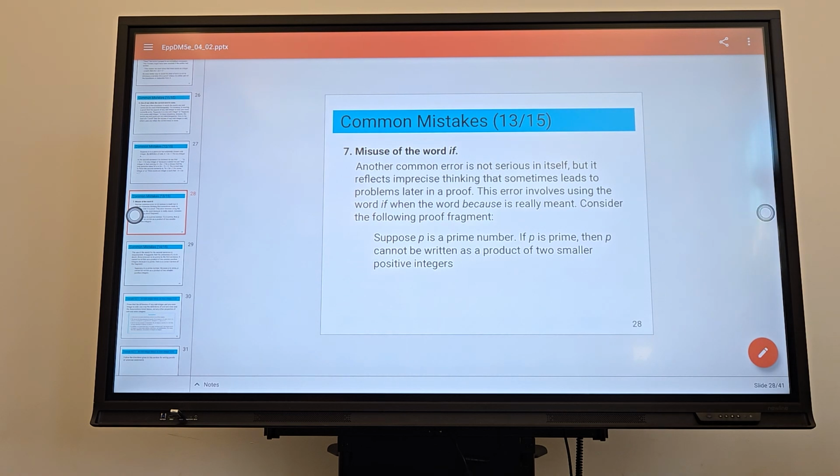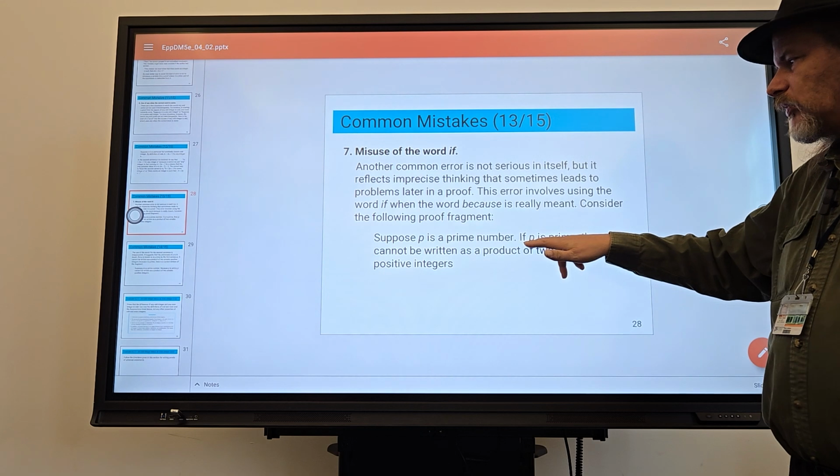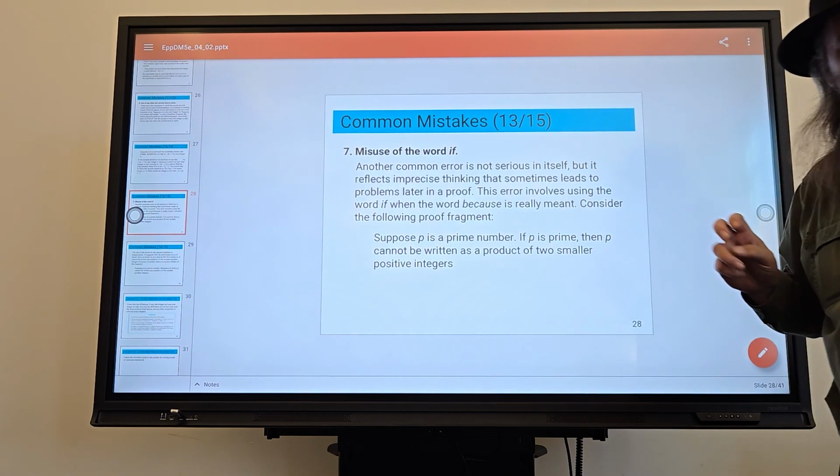Misuse of the word "if." Another common error, but not serious in itself, though it reflects imprecise thinking and sometimes leads to problems later in a proof. Suppose p is a prime number. If p is prime, then p cannot be written as a product of two smaller positive integers. Well, we stated that p is a prime number, so why are we questioning whether or not p is prime?